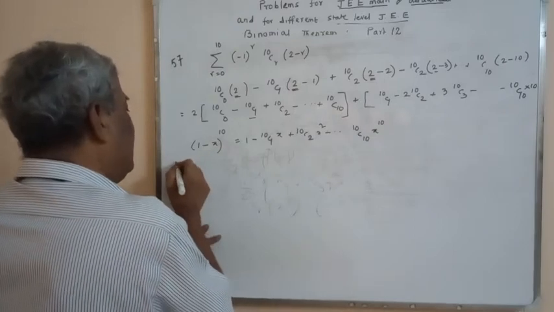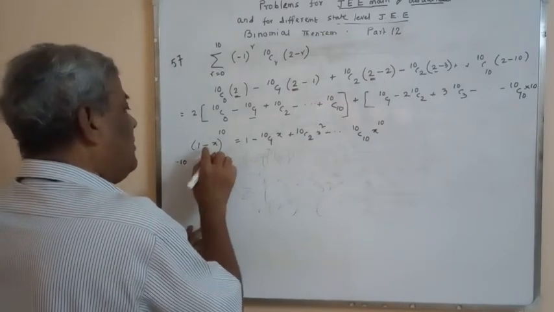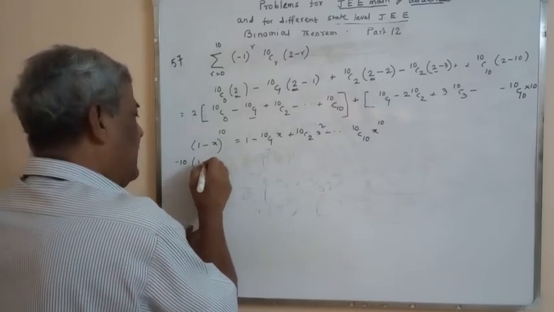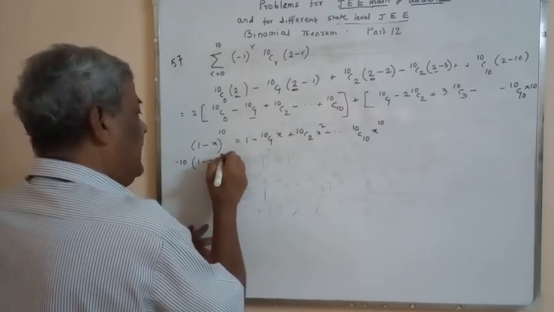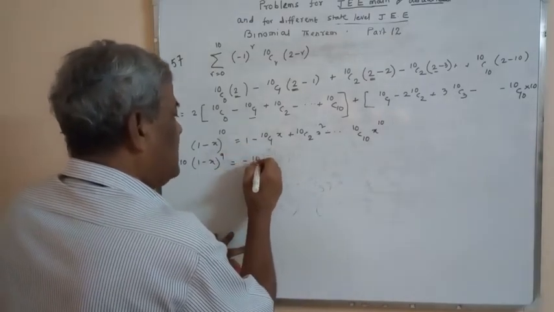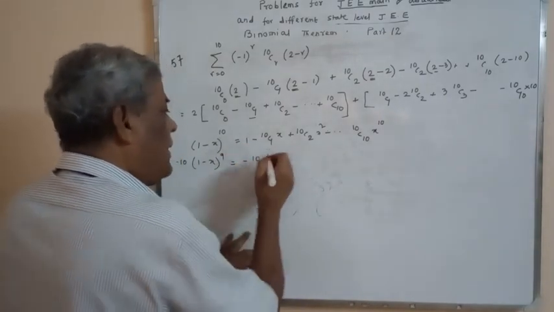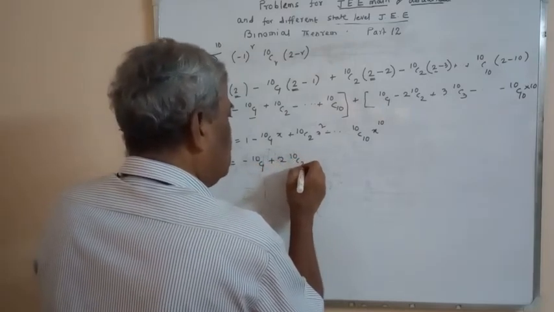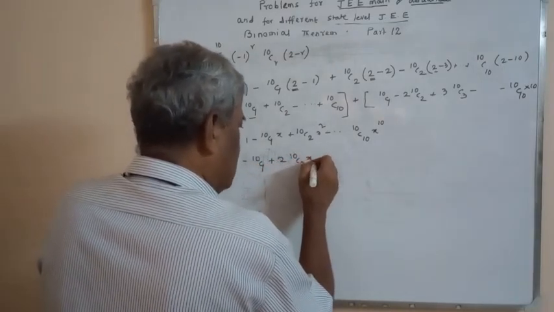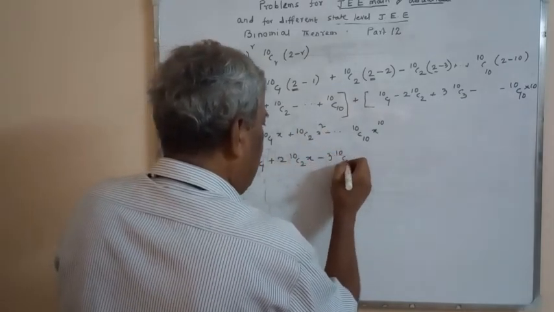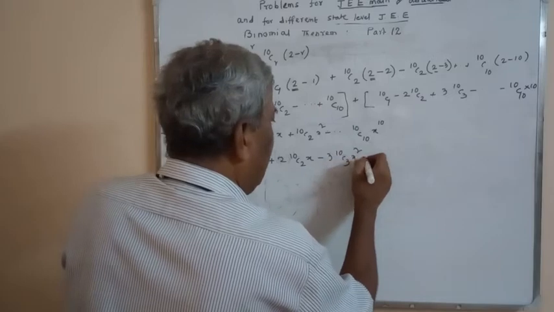This is equal to minus 10, minus because of that factor, 10 into 1 minus x to the power 9, is equal to, this becomes 0, minus 10C1 into 1 plus 2 into 10C2 x minus 3 into 10C3 x square, and so on.